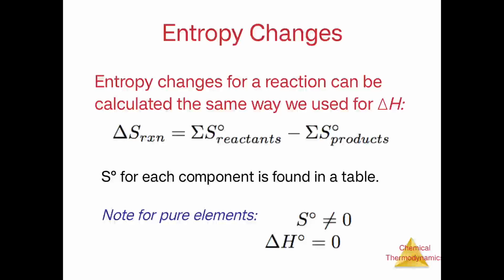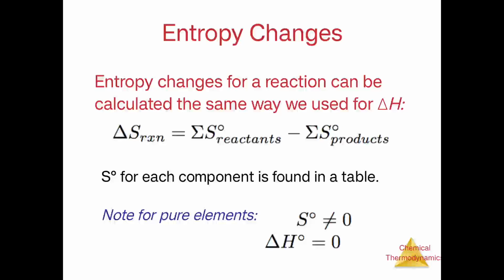So if you consider a reaction, that is what our major view is: the entropy change for a reaction can be calculated in a similar way to how we focused on the change in enthalpy as the application of the first law of thermodynamics.